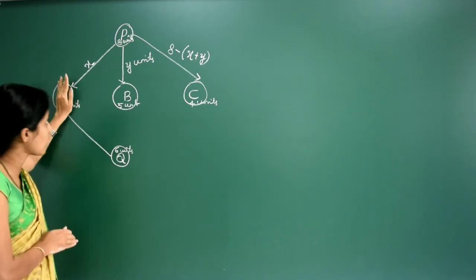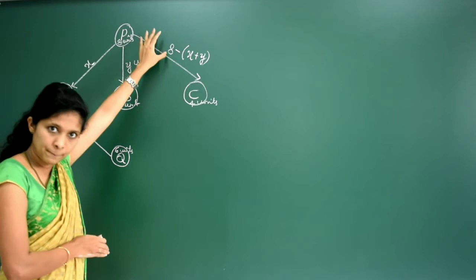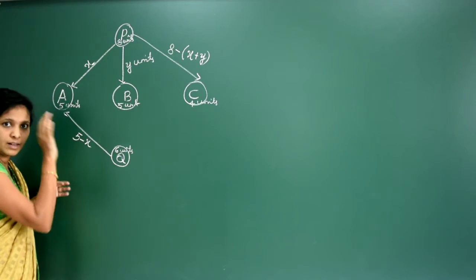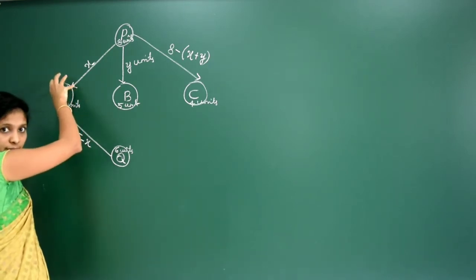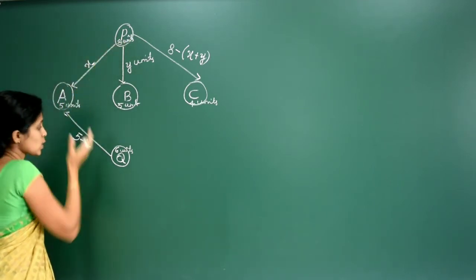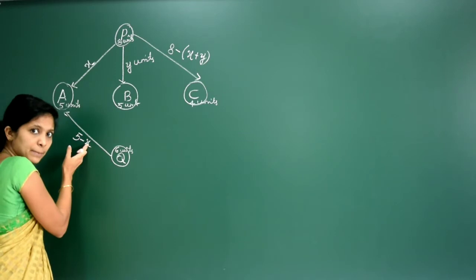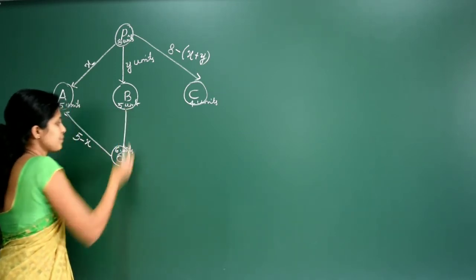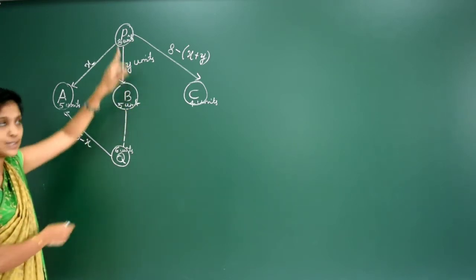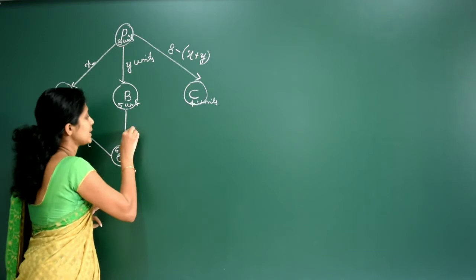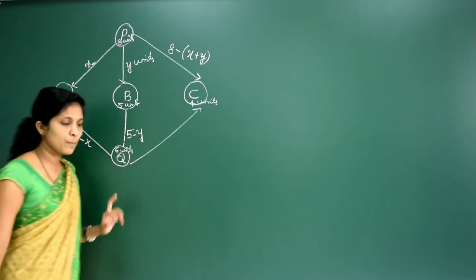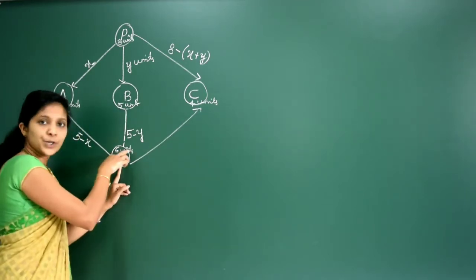Already depot A got X units from P, so the remaining is 5 minus X. Similarly, B also needs 5 and already Y units are transported from P, so this will be 5 minus Y. Now the maximum Q can transport is 6 units.